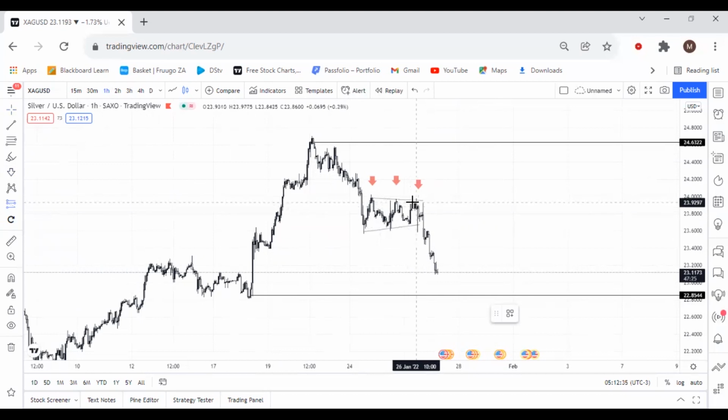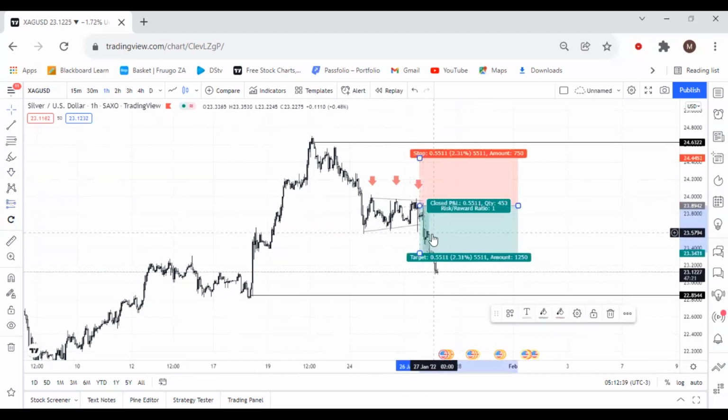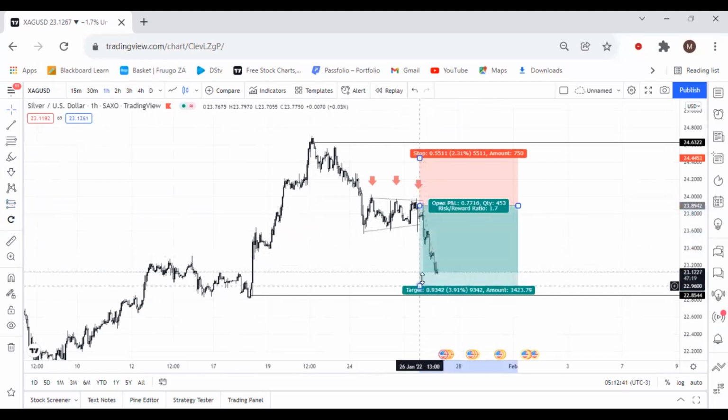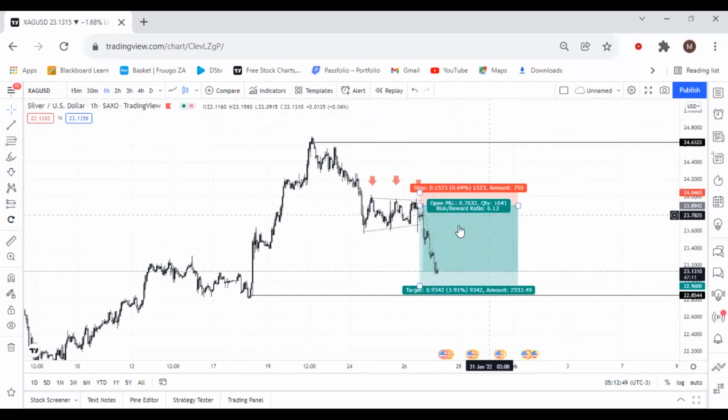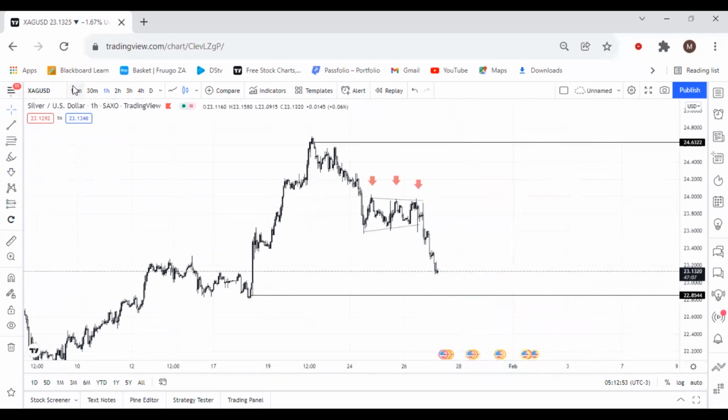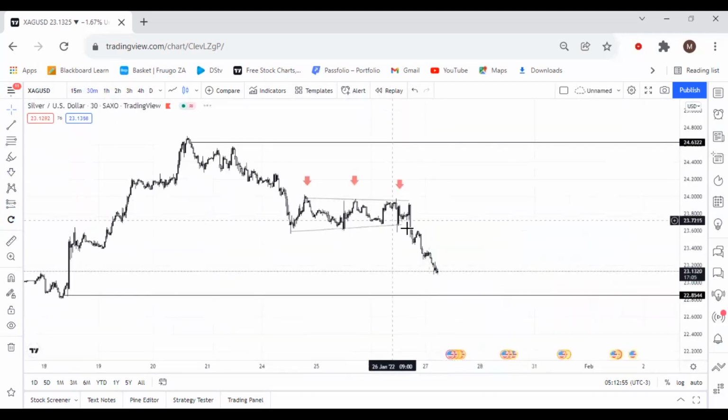So basically, after rejections, we could have done that. I did send this setup to my lifetime clients before it played out, so they shouldn't miss out on this trade.